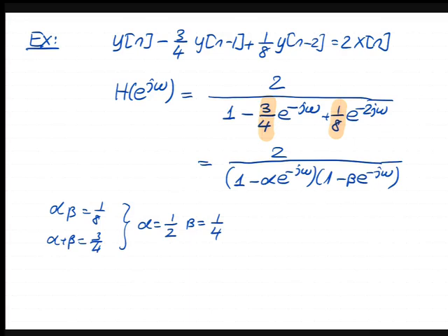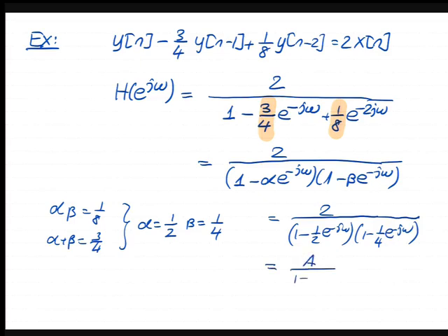Then what we want to do is write this as 2 over 1 minus 1/2 e to the negative j omega times 1 minus 1 over 4 e to the negative j omega, right? So our trick is to write this as a number A times 1 over 1 minus 1/2 e to the negative j omega, plus B times 1 over 1 minus 1/4 e to the negative j omega.